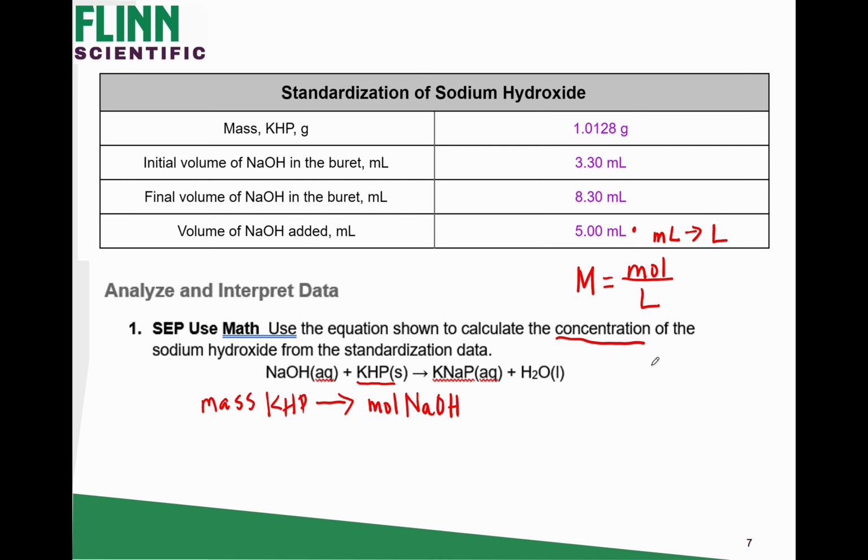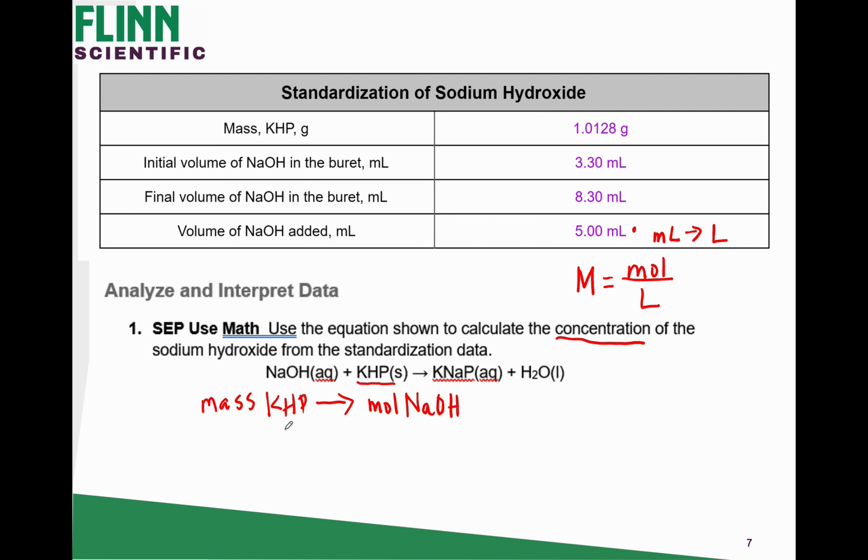So this step one does have multiple steps in it, because you need to find the molar mass of KHP. Don't forget, scroll all the way to the top where you can find the actual formula for KHP.